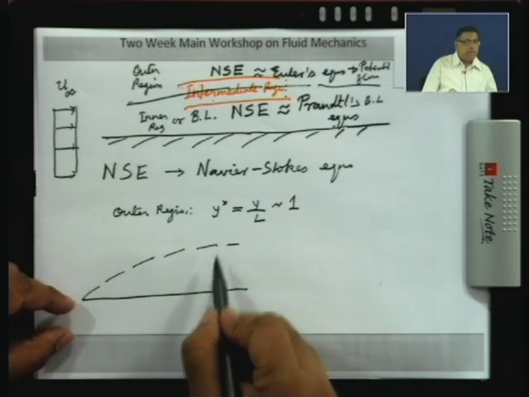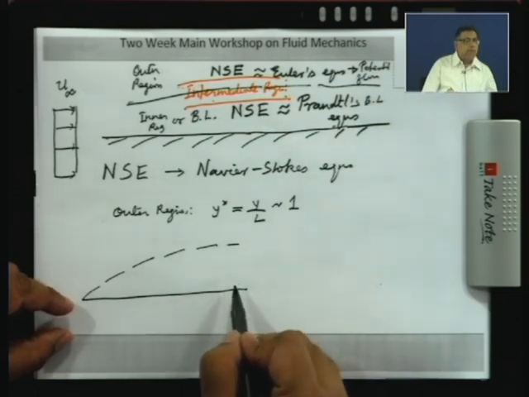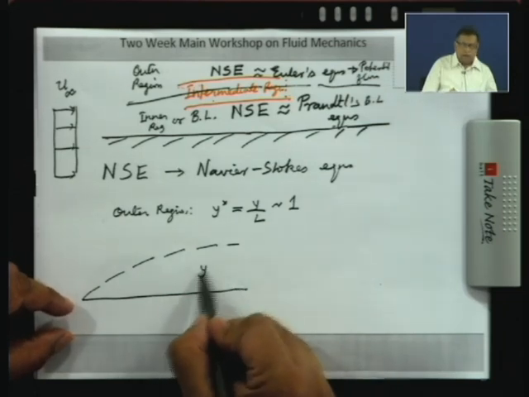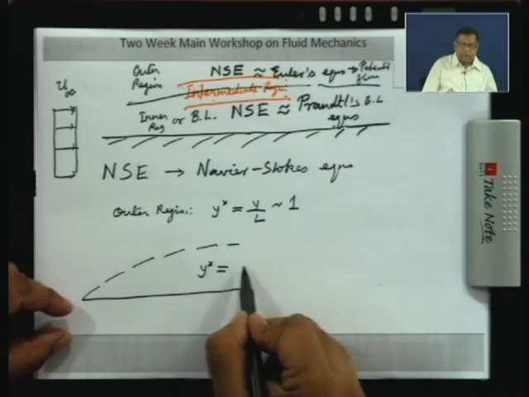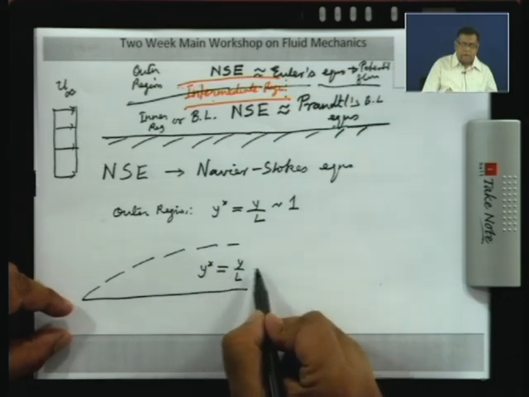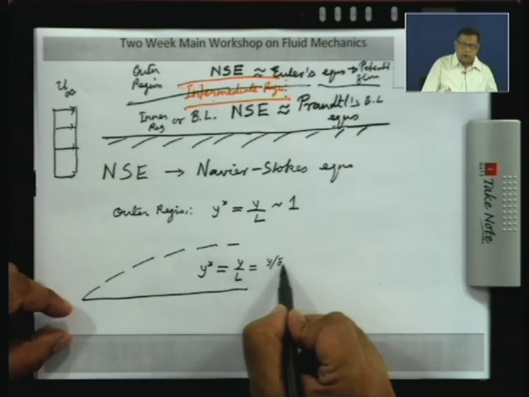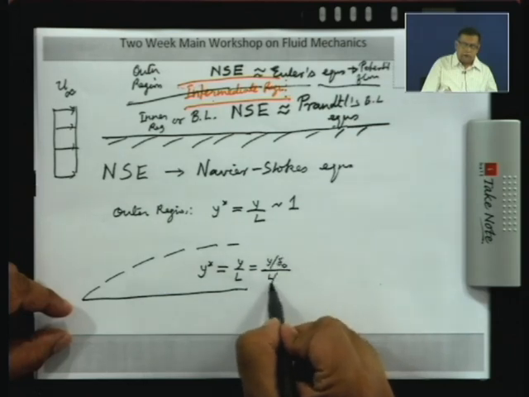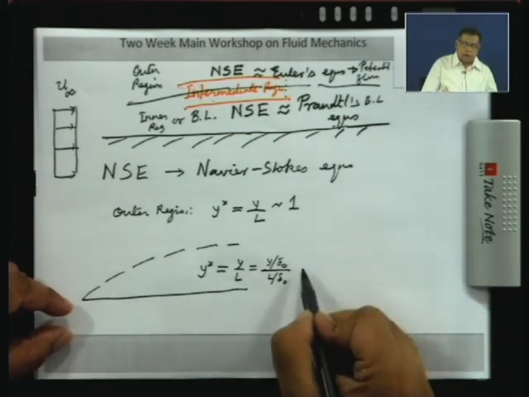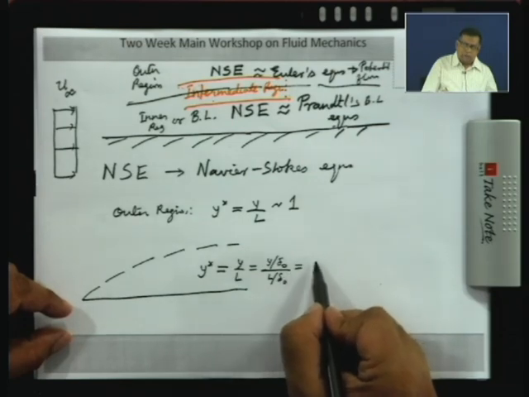Now, the thickness of the boundary layer we have found, and here y star is y by L, which is y by delta naught times delta naught by L, and y by delta naught is what we had called capital Y.